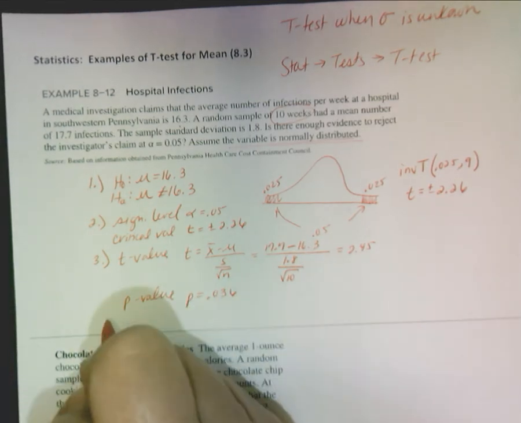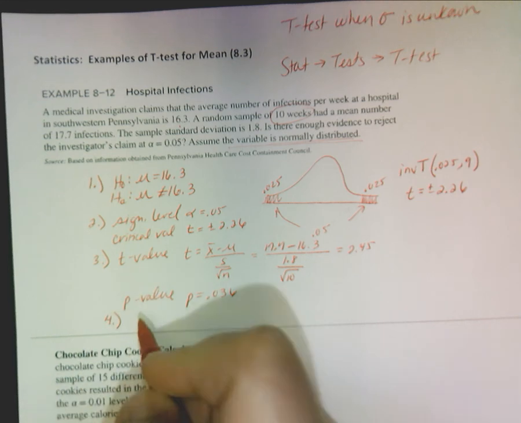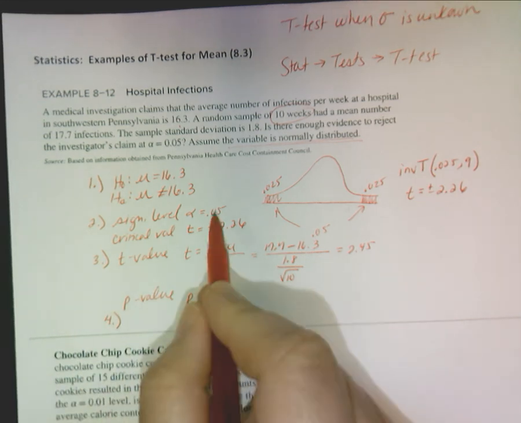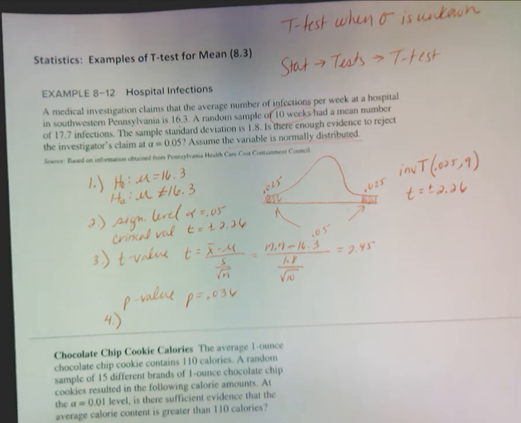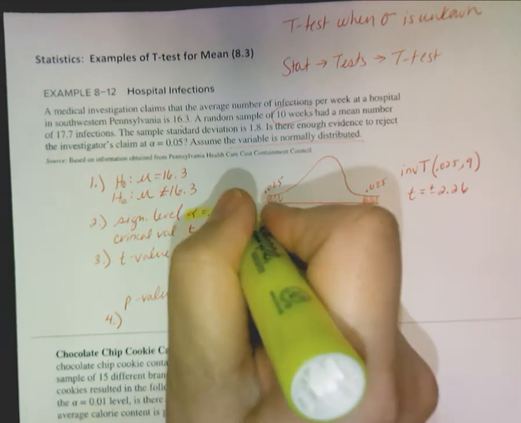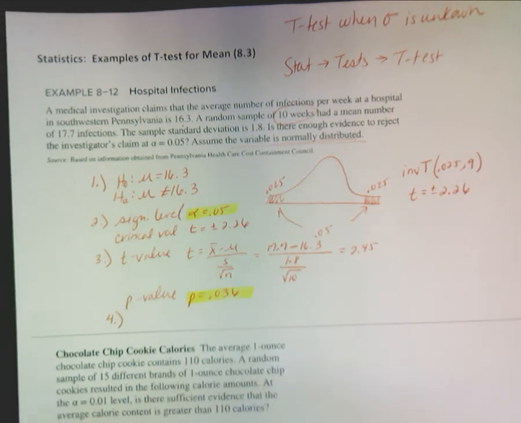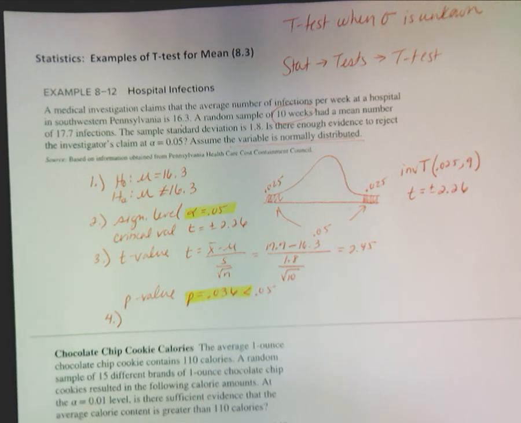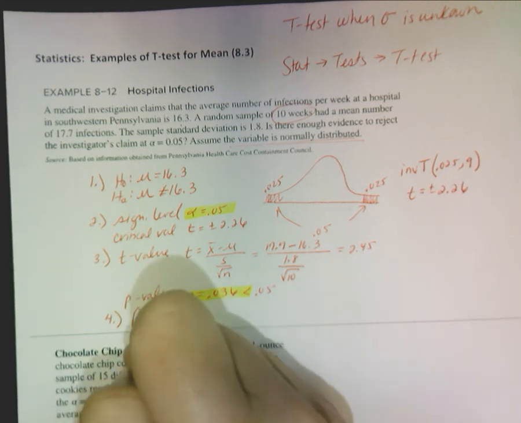So number 4, do we reject or not reject? Is this greater than or less than our 0.05? Highlight this for you. 0.036 is less than 0.05. Aha! If the p is low, reject the H0.